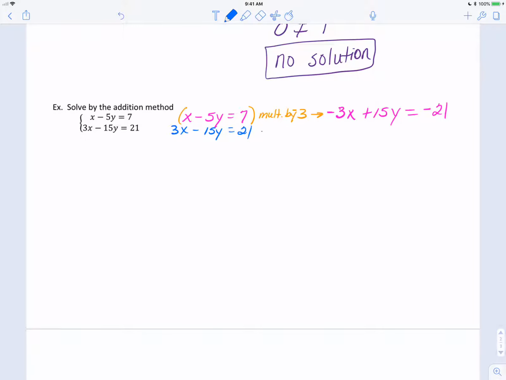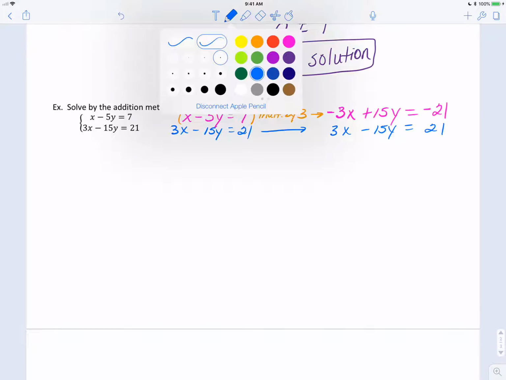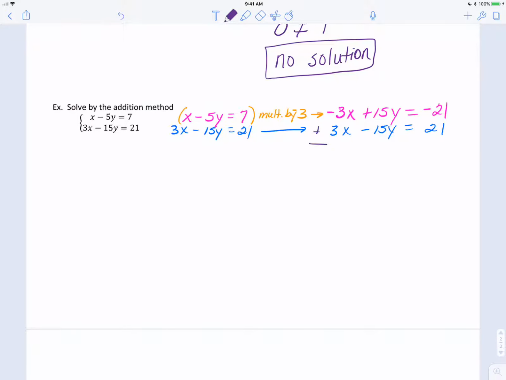All right, let's move our second equation over. And again, notice we are coming up with the same variables in front of our x and y's. So again, we have 0 here, we have 0 here, but we also come up with 0 here.